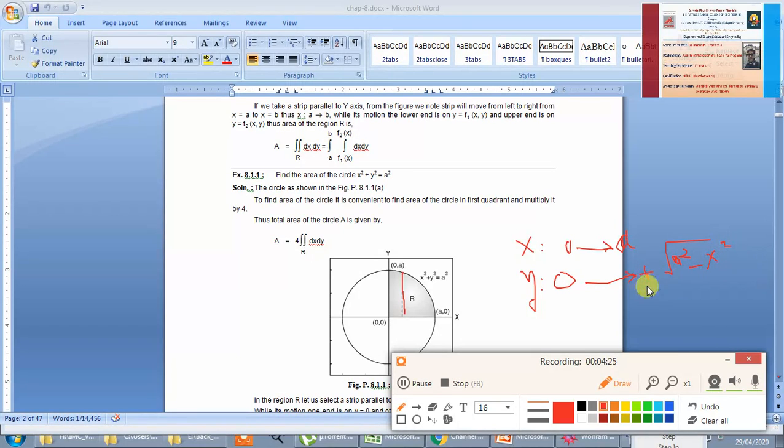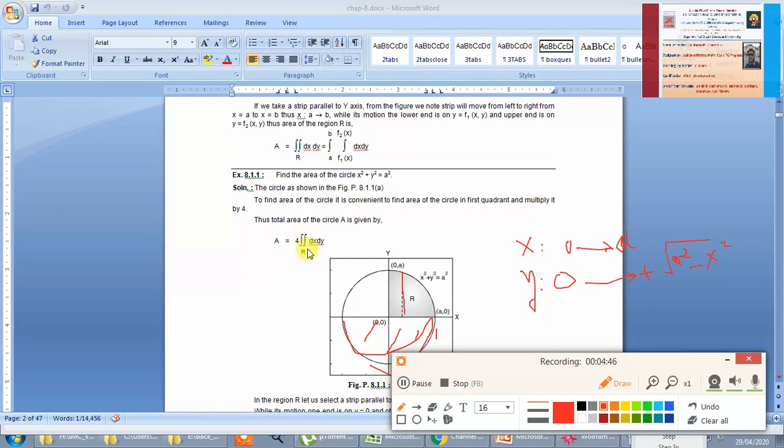I am neglecting the minus, the reason I will tell you later. We take plus, because negative values of y lie below the x axis. So that is the negative part of the circle, and this is the positive part as far as y is concerned. This gives the limits of the double integration over the region R.